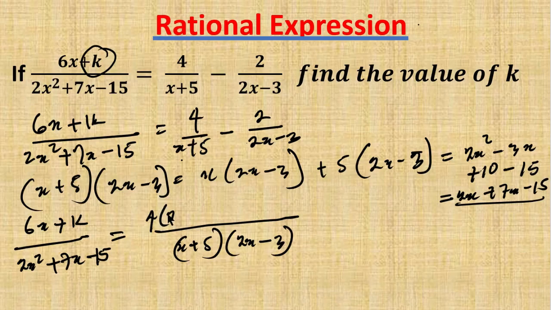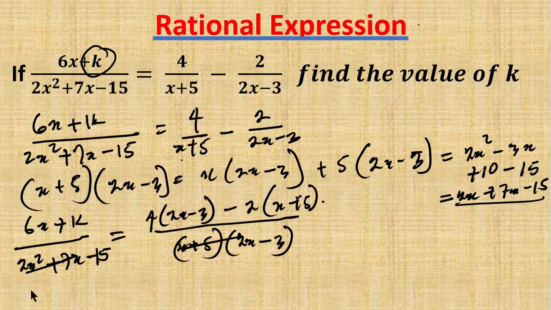That's 4 into (2x − 3), minus 2 now into (x + 5). Obviously, my denominators are equal, so I can now equate my numerators.